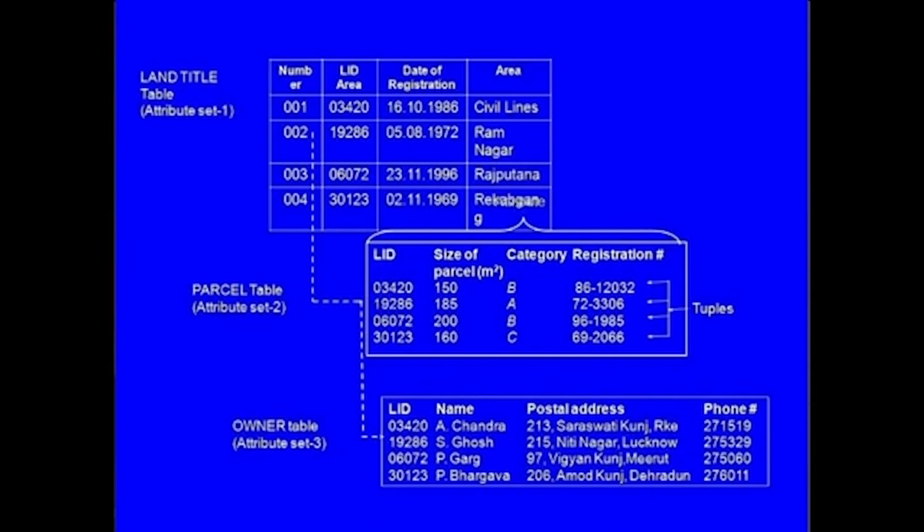These are specific to each parcel of land, and thus we create a parcel table, which is nothing but another attribute set, wherein for each of the land IDs, there is information regarding the size of the parcel, the category under which it falls in terms of size, and the category registration number.